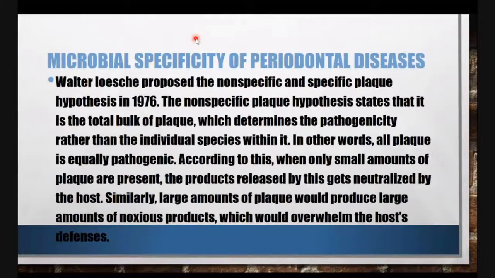When only small amount of plaque are present, the product released by this gets neutralized by the host. Similarly, large amount of plaque would produce large amount of noxious products which would overwhelm the host defense. I expect this is the most common view: the more bacteria and plaque we have, the more the disease advances. When the amount of bacteria is small, it is neutralized by the immune system and may be eliminated, so we have no inflammation.